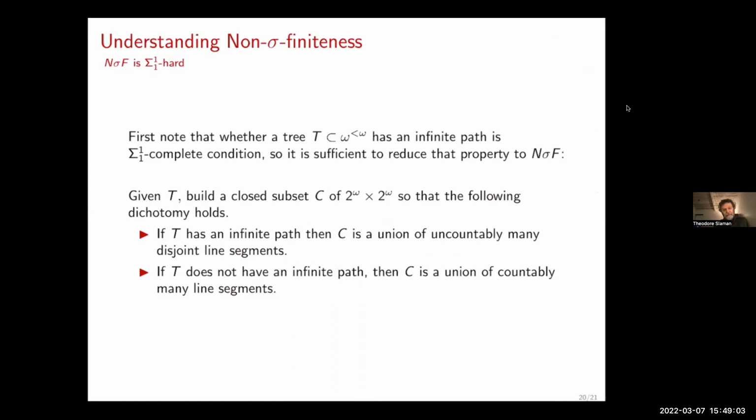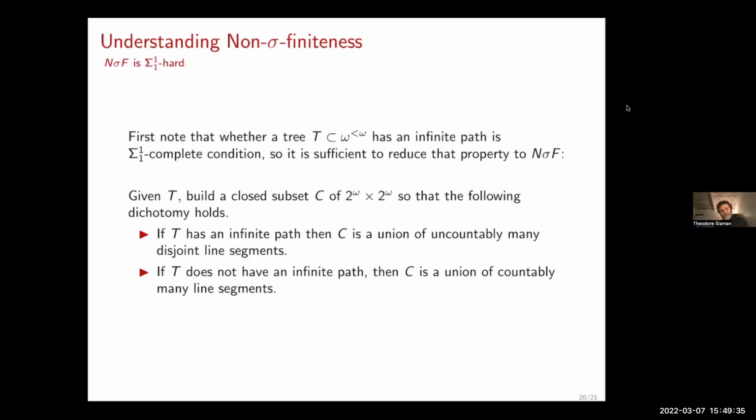Given the tree T, we build a closed subset of the Cantor square, so that if the tree has an infinite path, then this closed subset is a union of uncountably many disjoint line segments. And it looks a lot like that little sketch I made for Besicovitch's example. And if it doesn't have an infinite path, then C is a union of countably many line segments. And you have to follow all the possible paths in the tree.